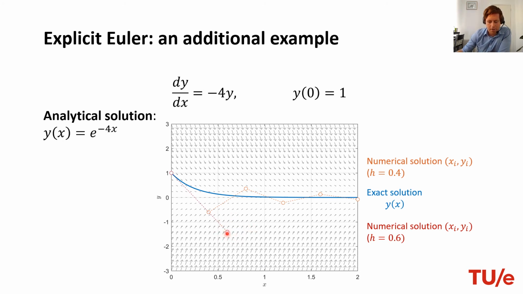Then at 0.6 we evaluate the direction field, which gives us this line in this case. We extrapolate up until x is 1.2, so around here, and that's where our new solution will be. We repeat this procedure until we reach the desired horizon for x.